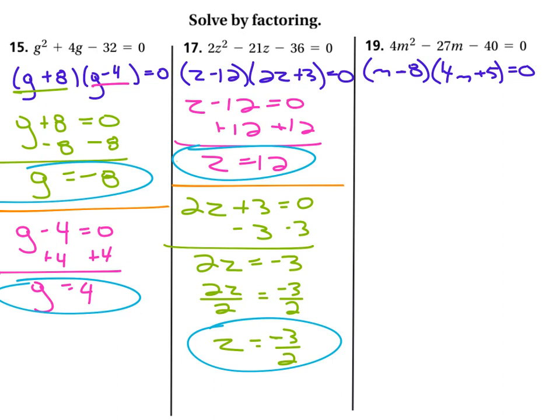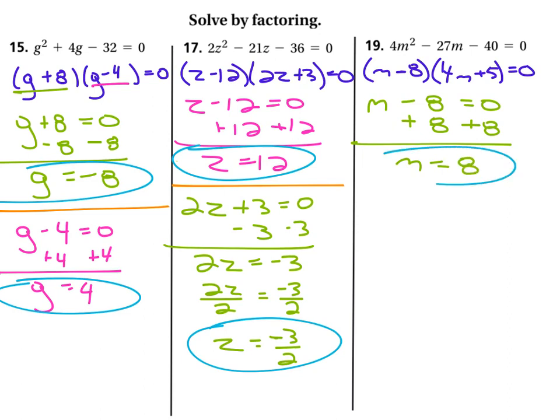So m minus 8 could be equal to 0. And when we solve for that, m equals 8. That's one of the two values that are going to result in 0. Okay, and then we'll take the second one, and that's 4m plus 5. Set that equal to 0.